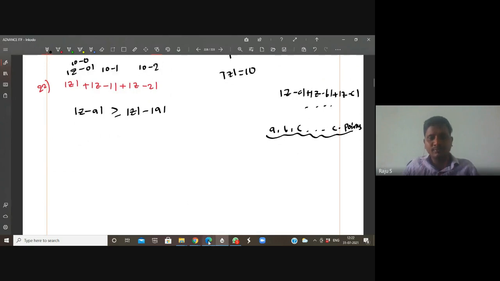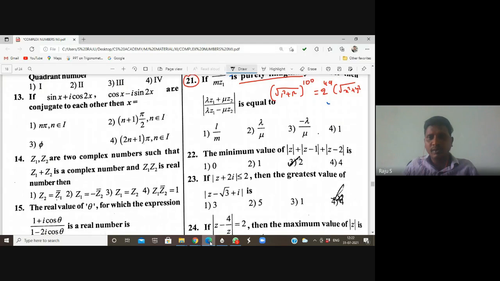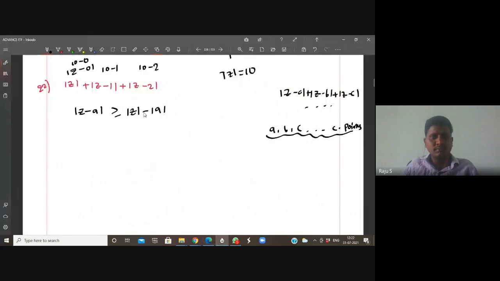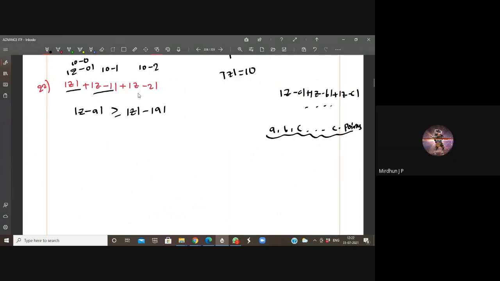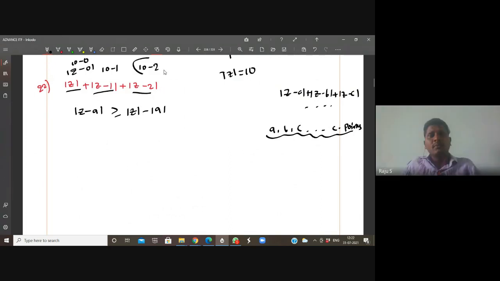What will give the minimum value? Modulus z, or modulus z minus 1, or modulus z minus 2? Modulus of z minus 2. Okay, so for the minimum value, you equate modulus z minus 2 to 0, so modulus z is equal to 2. 2 is the minimum value here.